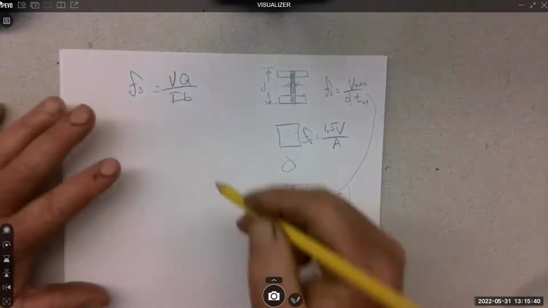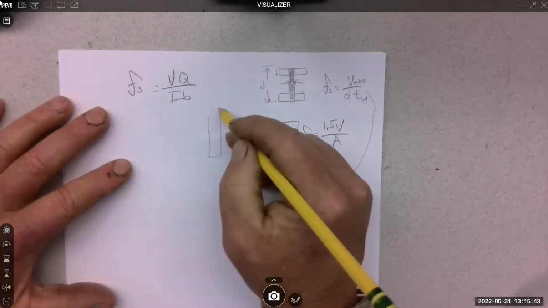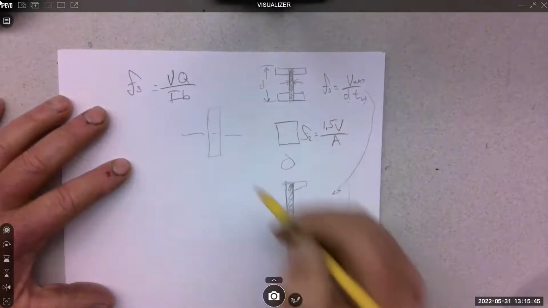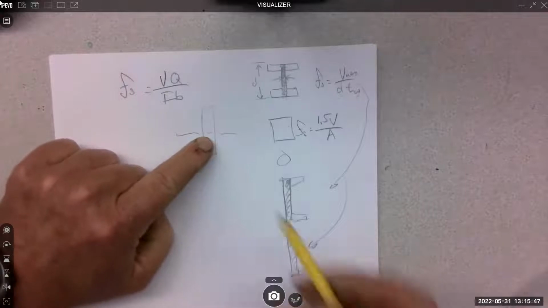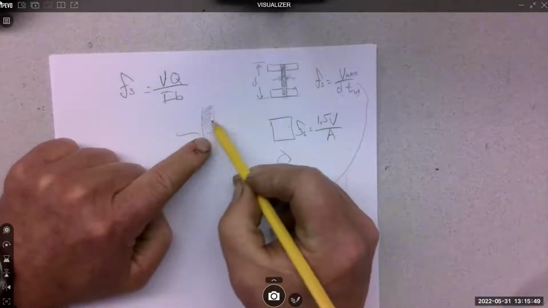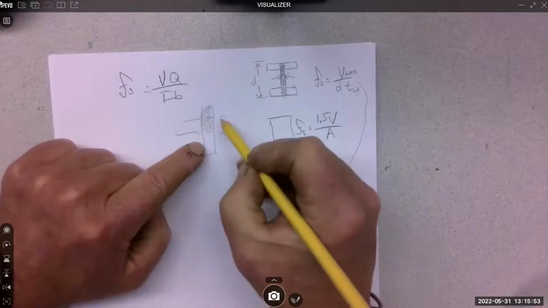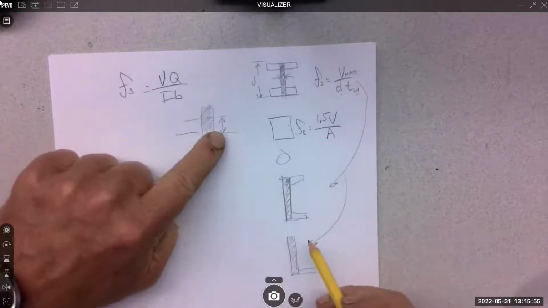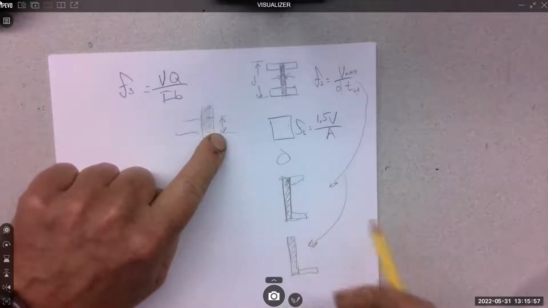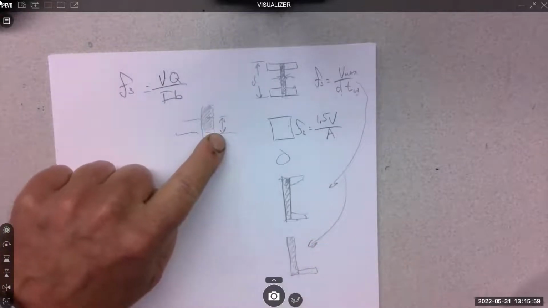So if it was a 2 by 6, just a rectangle, where the neutral axis is here, the statical moment is the area above and its centroid multiplied by the lever arm. So it's a moment, it's an area moment. It's very odd.